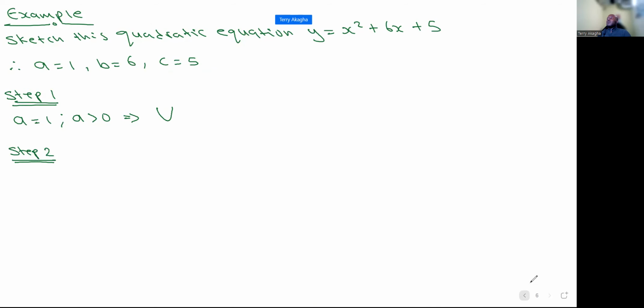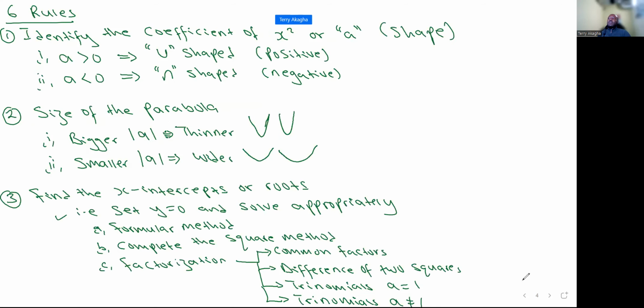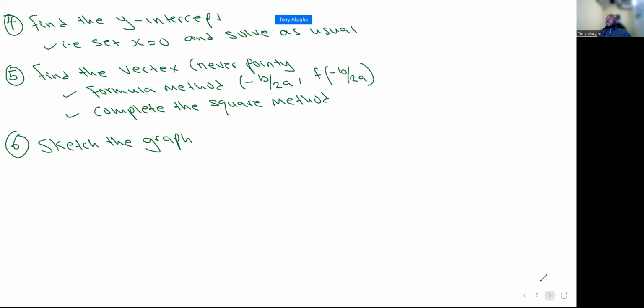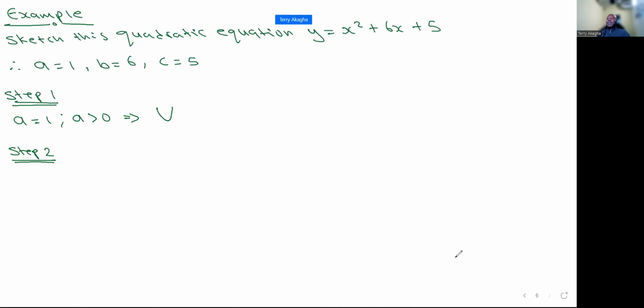The next thing that we're going to talk about is the size of the parabola. If it's bigger, it's thinner. If it's smaller, it's wider. I'm going to talk more about the size when we talk about transformation of graphs very soon. But for the sake of the sketching, I'm going to just do it as well.